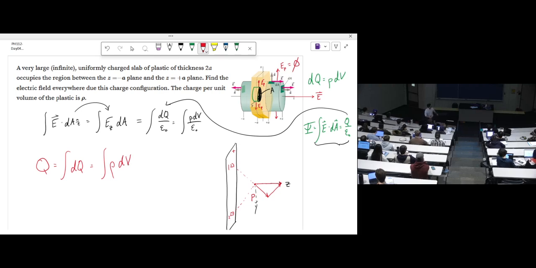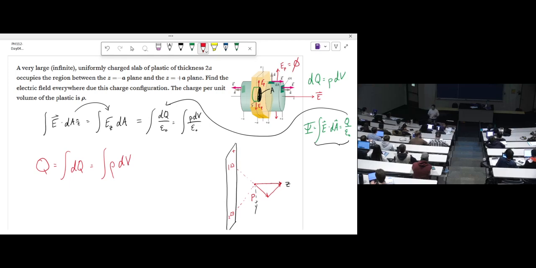So what I'm saying instead is, I know rho is constant in this problem. Now you imagine an infinitesimally small cube in space. How much charge is stored in that volume is rho.